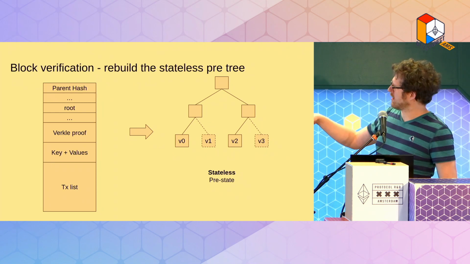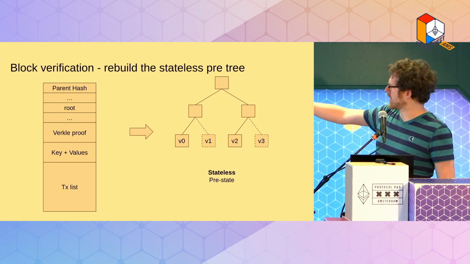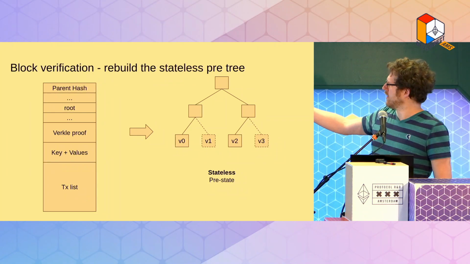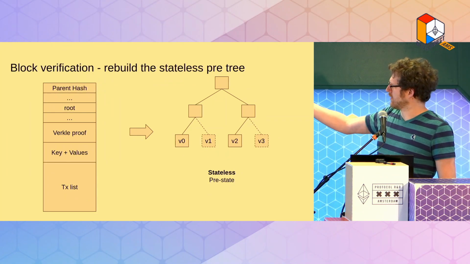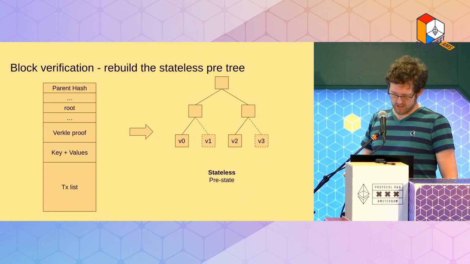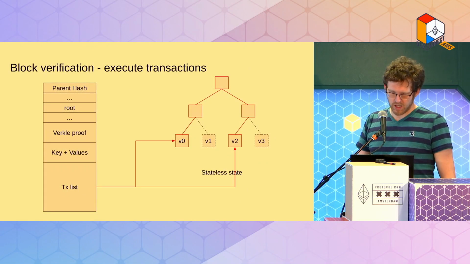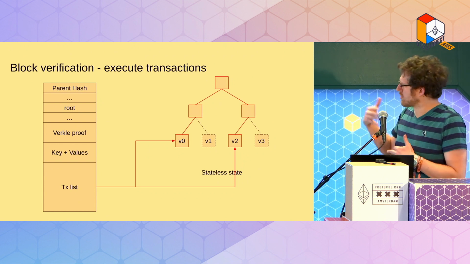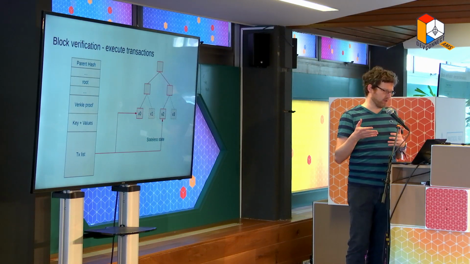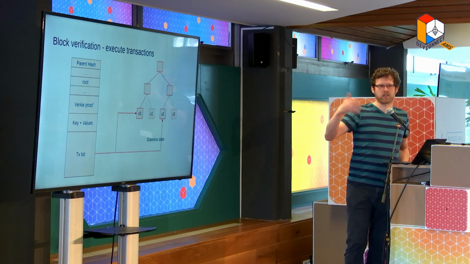When you receive that block, what you do is you rebuild the tree. The dashed rectangles are not available to the verifier, but it doesn't matter. All the information you need is in the solid line rectangles. So basically you just maintain a key value store, and when you do this, you just update the tree.